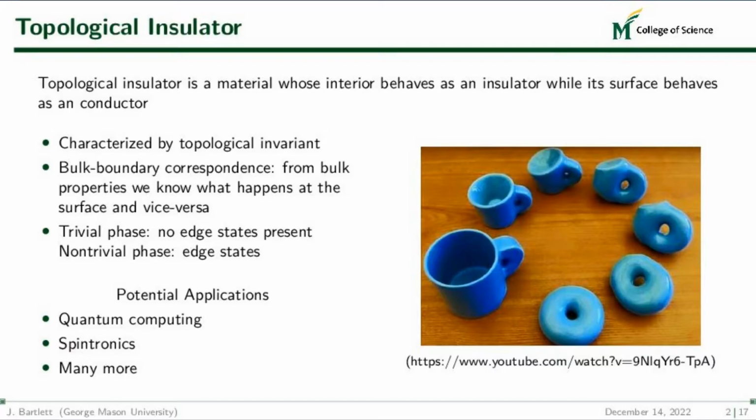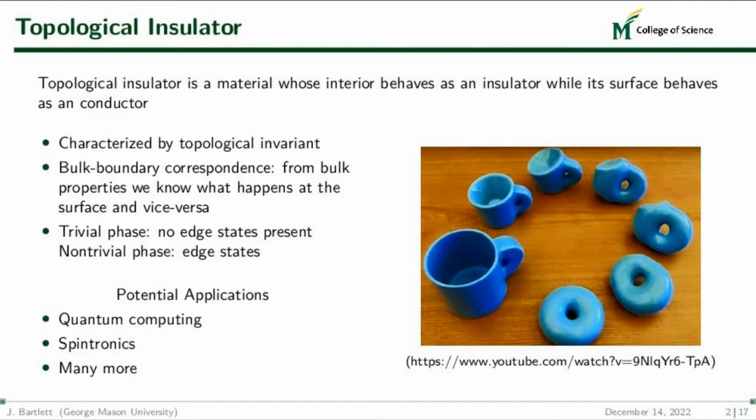Another important property is that these edge or surface states also are robust against impurities. So these type of properties are why topological insulators have these promising potential applications in things like quantum computing or spintronics, where the electronics not only utilize the charge of the electron, but also the spin of an electron.